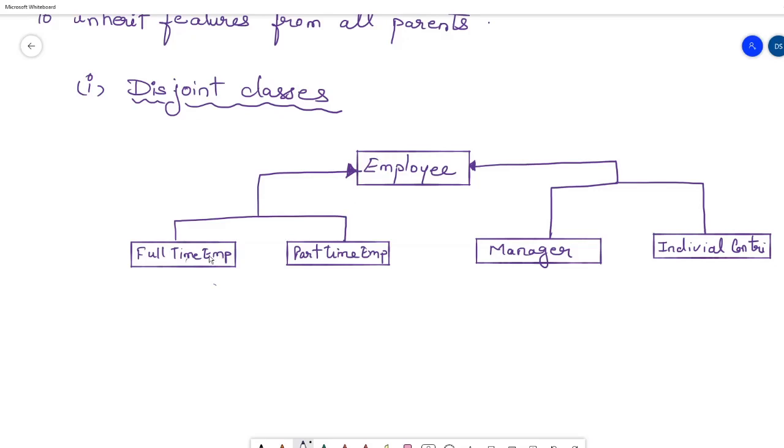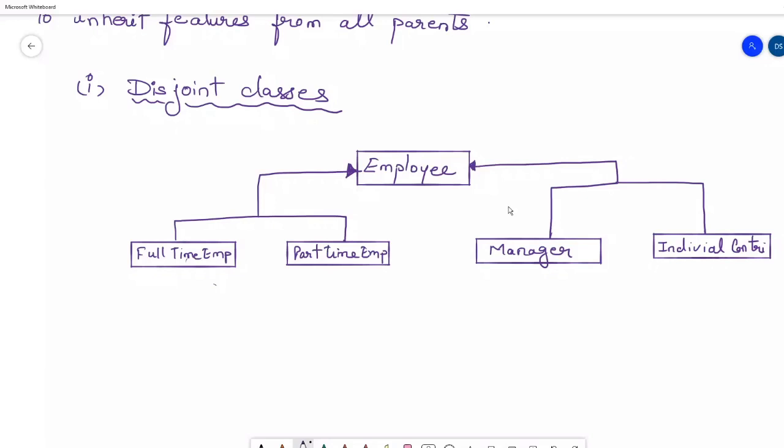They are employees of a particular organization, but an employee can be full time at a single instance of time or part time, and an employee can be a manager or an individual contributor. He cannot play both roles at the same time. So these are called disjoint classes in multiple inheritance.